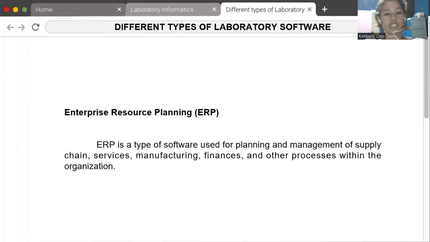So I think this is the last type of laboratory software, the Enterprise Resource Planning, or ERP. ERP is a type of software used for planning and management of supply chain, services, manufacturing, finances, and other processes within the organization. ERP is often used throughout organizations and therefore also in laboratories.